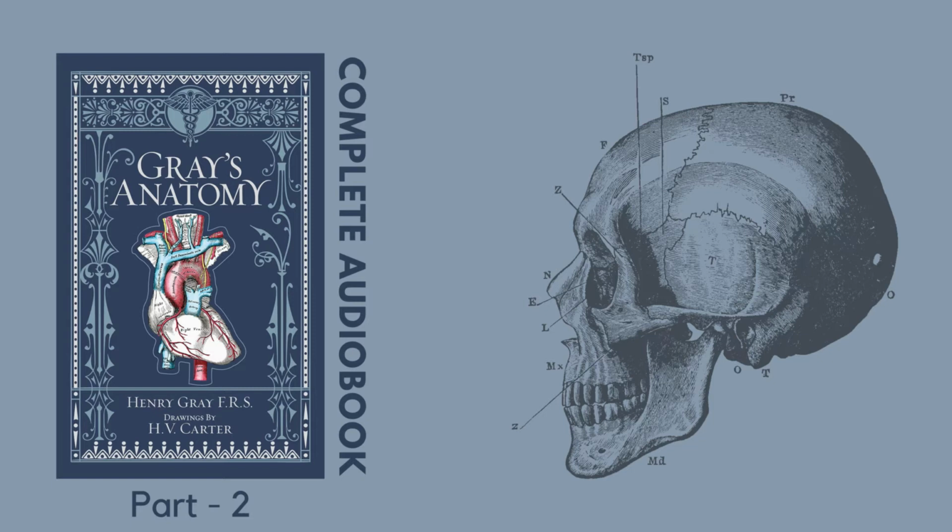The medial part is rounded. At the junction of its medial and intermediate thirds is a notch, sometimes converted into a foramen, the supraorbital notch or foramen, which transmits the supraorbital vessels and nerve. A small aperture in the upper part of the notch transmits a vein from the diploe to join the supraorbital vein.